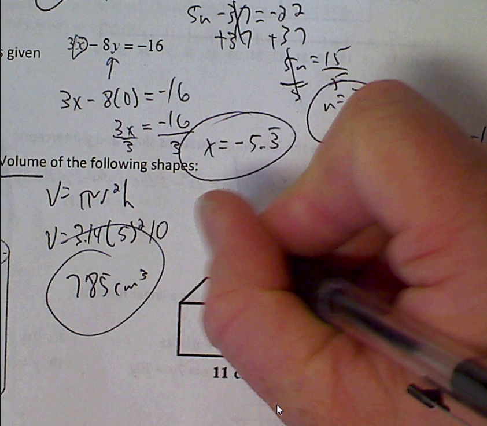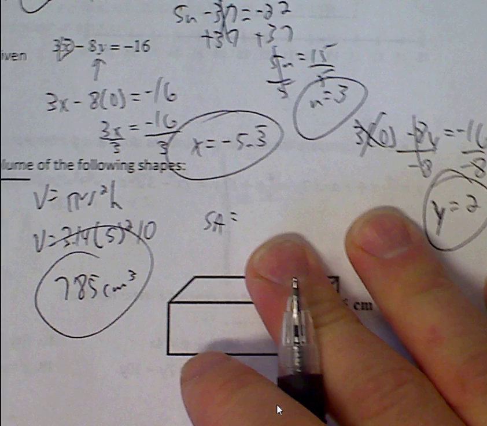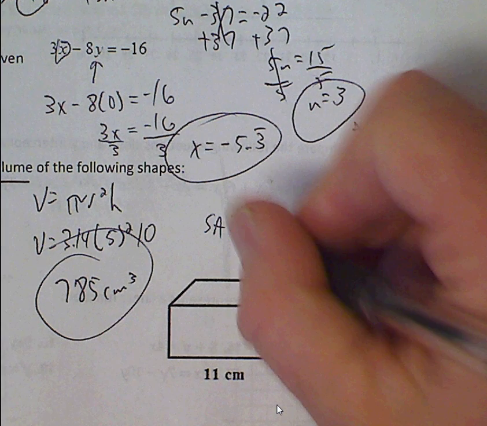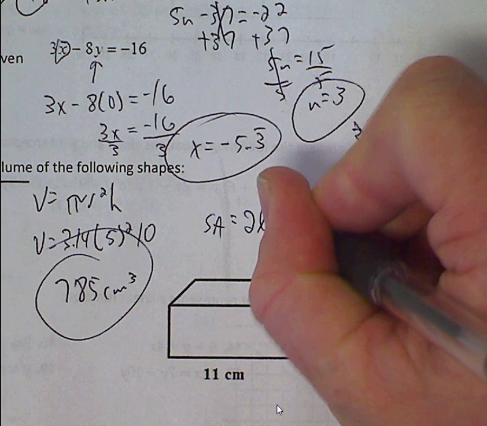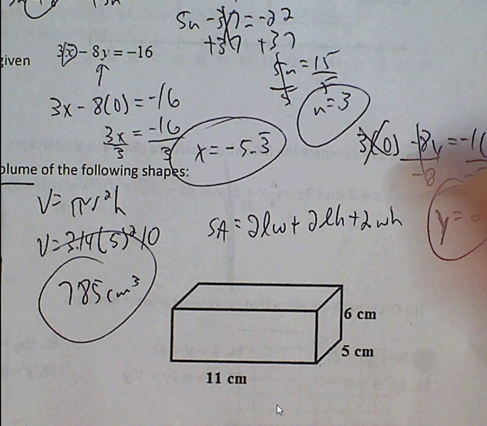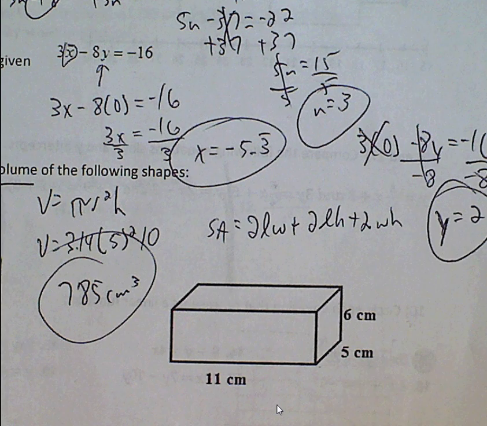Then I'm given a rectangular prism. The surface area of a rectangular prism is 2LW plus 2LH plus 2WH. Remember, it doesn't matter what I let be what.